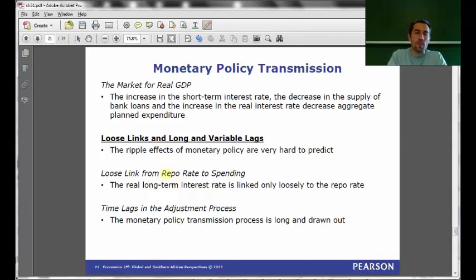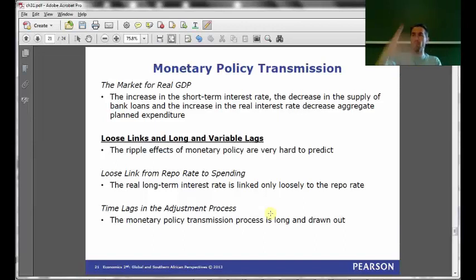And another problem with monetary policy is that there are also time lags. The monetary policy transmission process tends to be about 18 months. So the Reserve Bank acts now. The full effect of those changes, you only see in 18 months' time, right? You start seeing them in 6 months.